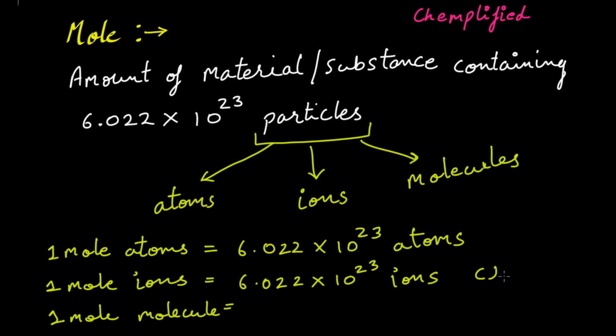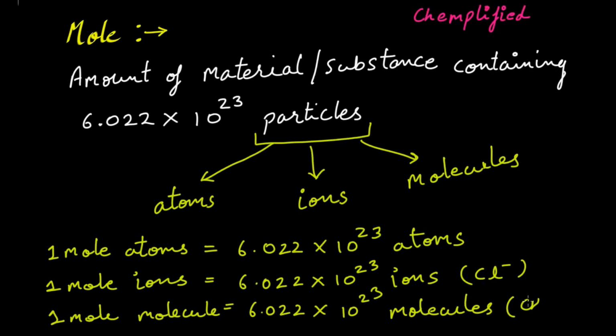For example, Cl negative. If we are talking about 1 mole of Cl negative ion, then it means there are 6.022 into 10 to the power 23 Cl negative ions. Now again the last term, 1 mole of molecules means 6.022 into 10 to the power 23 molecules, like CH4. CH4 is a molecule, right, making the compound methane.